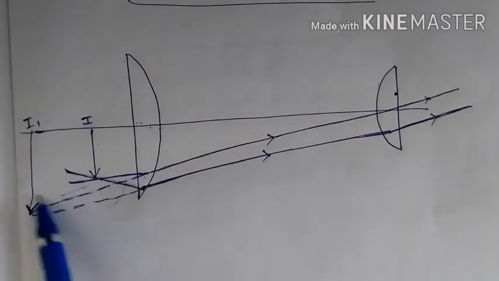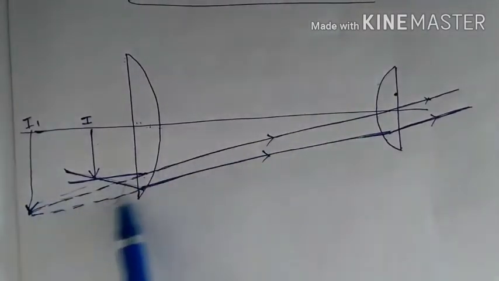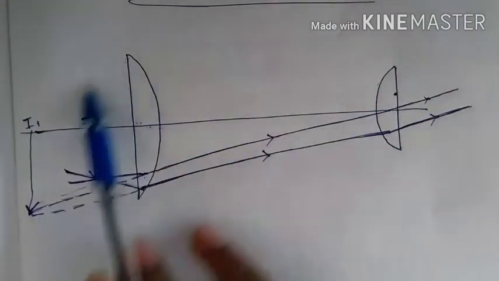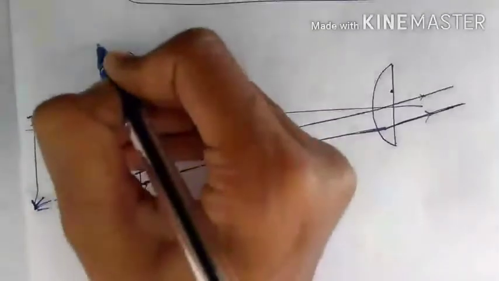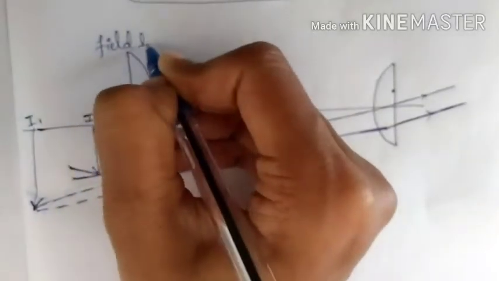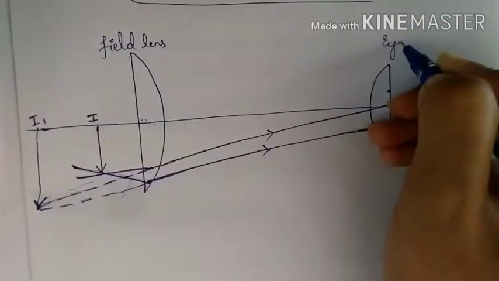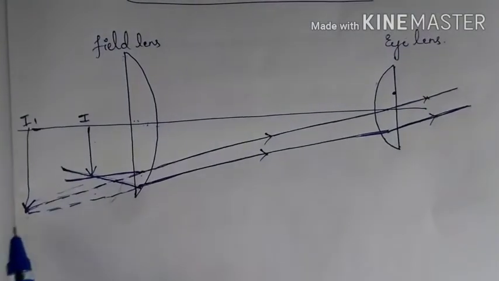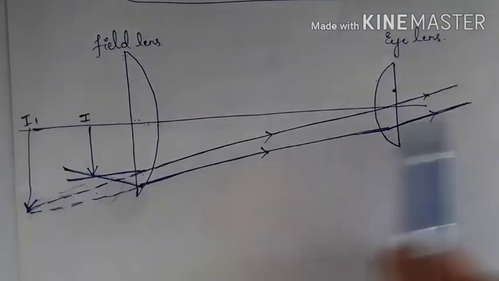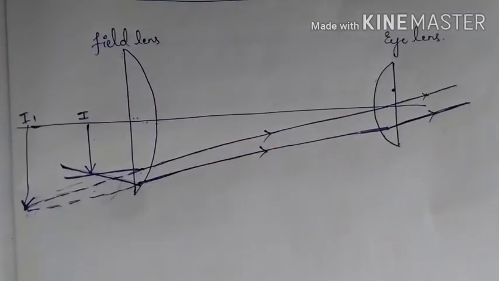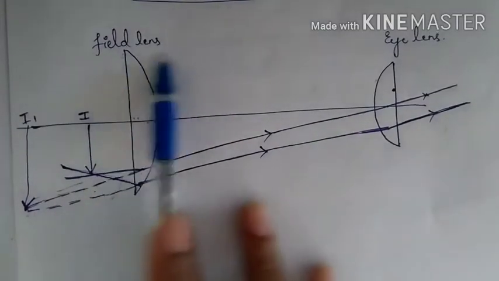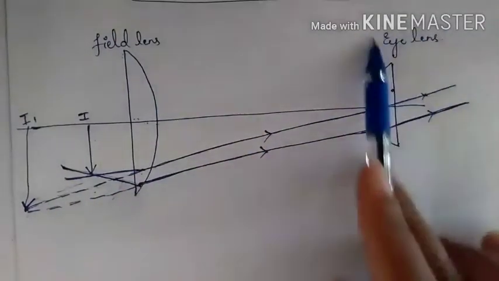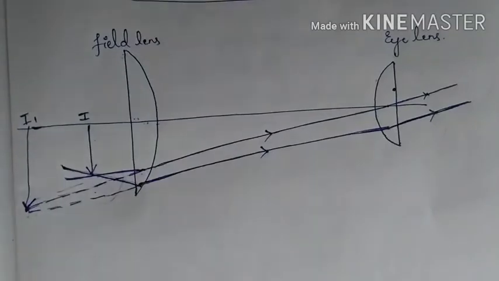This virtual image can act as the object for the eye lens. This is the field lens and this is the eye lens. So in an eyepiece you basically have two lenses, the field lens and the eye lens. The field lens is near the objective lens and the eye lens is near the eye.